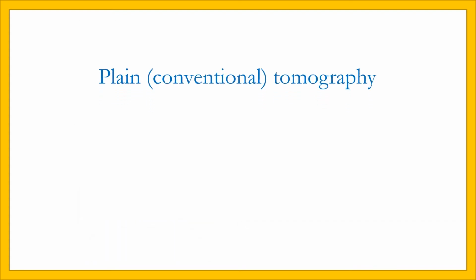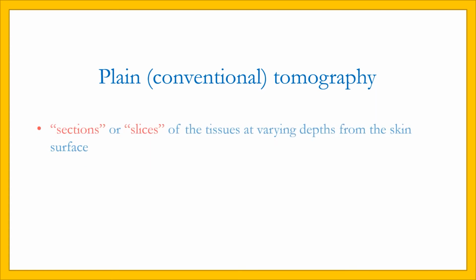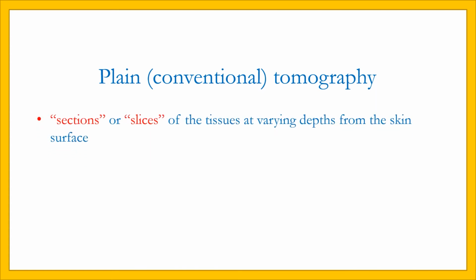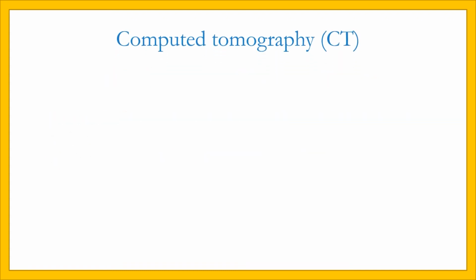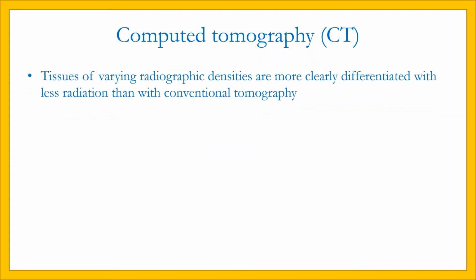Plain or conventional tomography, sections or slices of the tissues at varying depths from the skin surface, has been replaced to a large extent by CT and MRI. Computed tomography or CT. Tissues of varying radiographic densities are more clearly differentiated with less radiation than with conventional tomography.